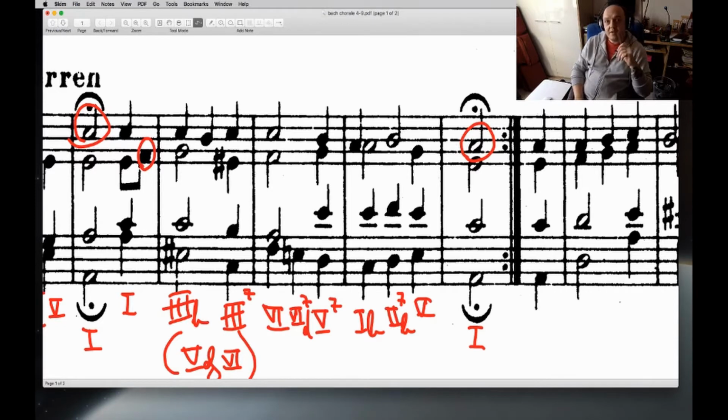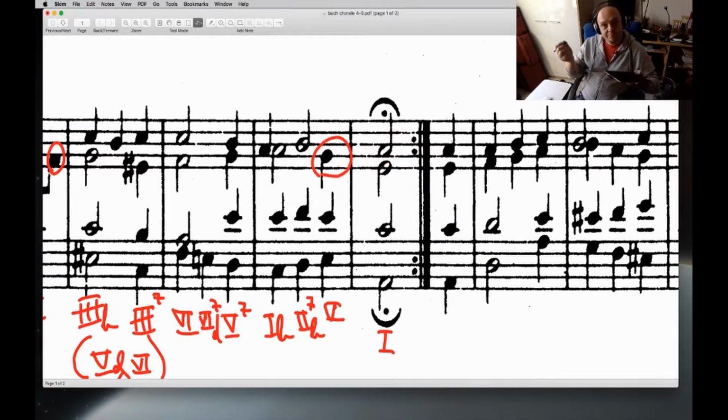The second phrase. That second phrase has the root of chord 1, the tonic, in the soprano, sounds more final. That leading note in the alto drops to the 5th, rather than climbing to the tonic.